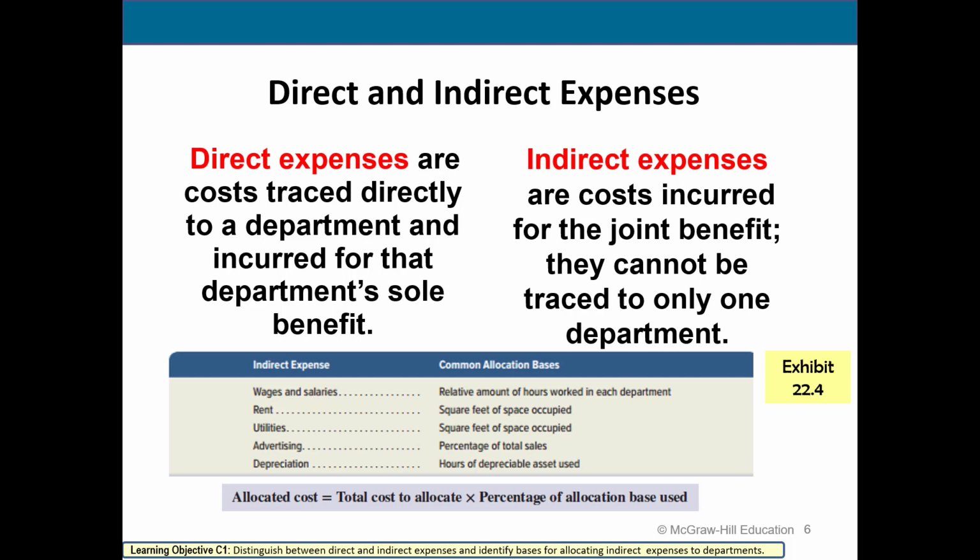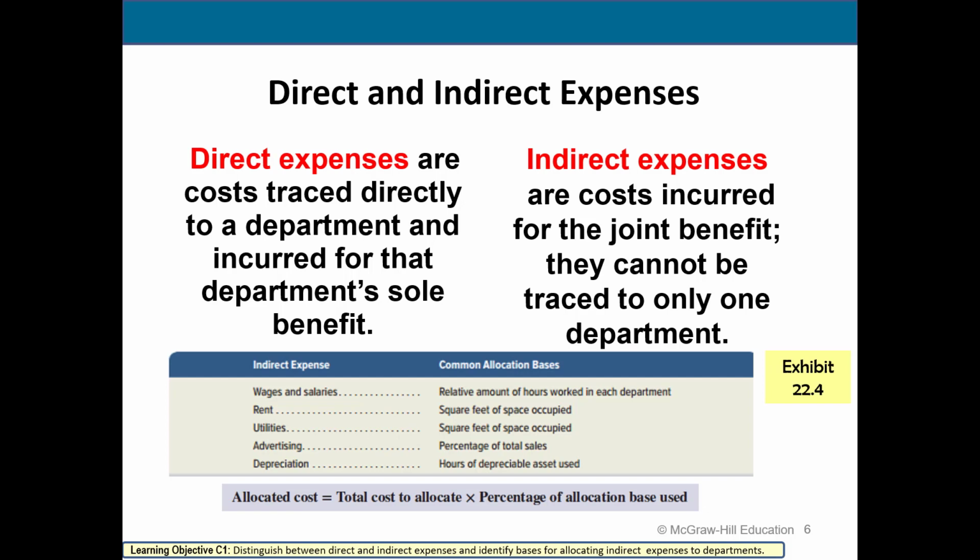Direct expenses can be readily traced to one department, and they are incurred for the sole benefit of that one department. An example of a direct expense would be the salary of an employee who works in only one department. An indirect expense, though, cannot be easily traced to one department because it is incurred to benefit multiple departments.